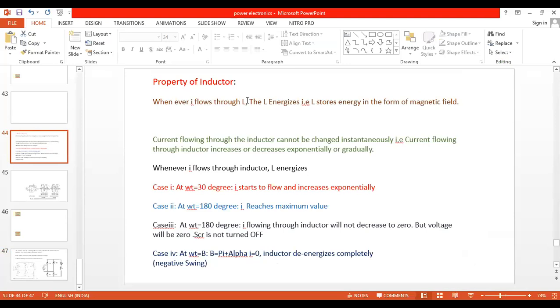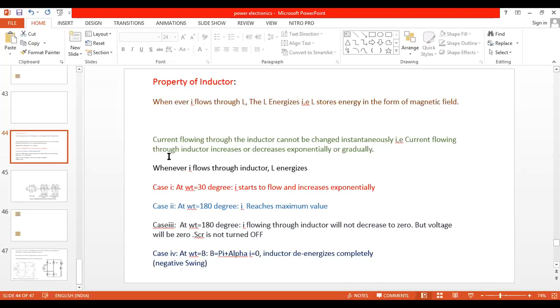In the external examination also, in the theory points, you must put these particular words, property of inductor. Now the load is inductive. So whenever current flows through the inductor, the inductor energizes, that is, it stores energy in the form of magnetic field.